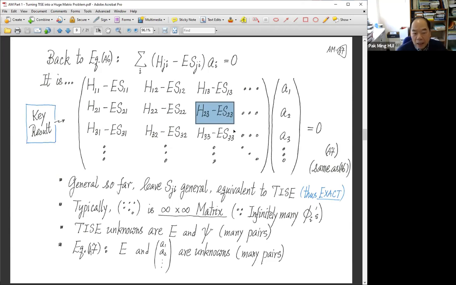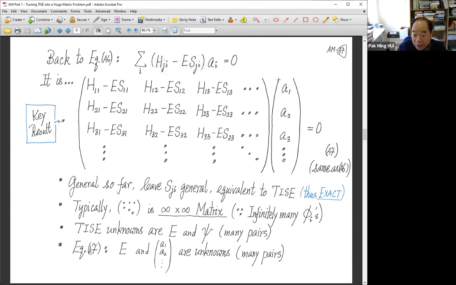It is H_JI minus E S_JI. So you can calculate these two integrals and then you can compose every element. Okay? In principle, no problem.